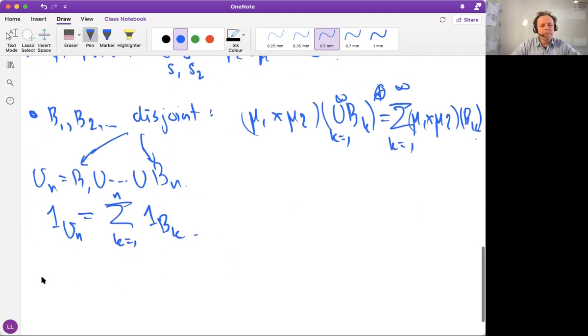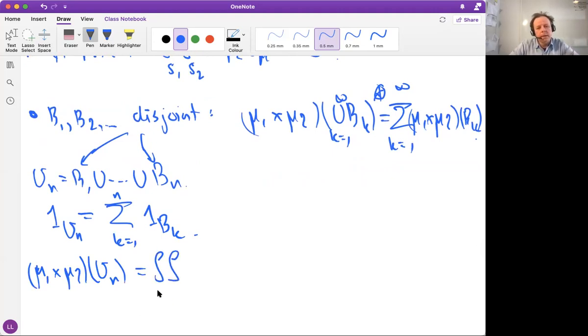And then now we can calculate what is the product measure of U_N. So this would be finite additivity. And by definition, it was the integral S1, S2, indicator U_N, because that's how we define the integrals, and then inner integral, outer integral this way.